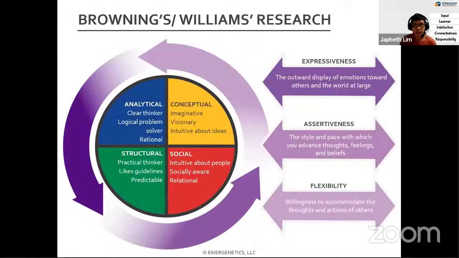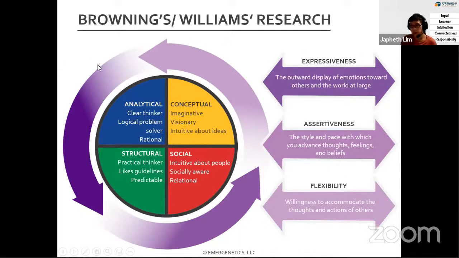It started from these two people, Gail Browning and Wendell Williams. Gail is more of an educator who wants to create impact on students and educators, so her background is in education. Whereas Wendell Williams is more of a social psychologist who wants to develop a psychometric tool. Together they developed this tool.